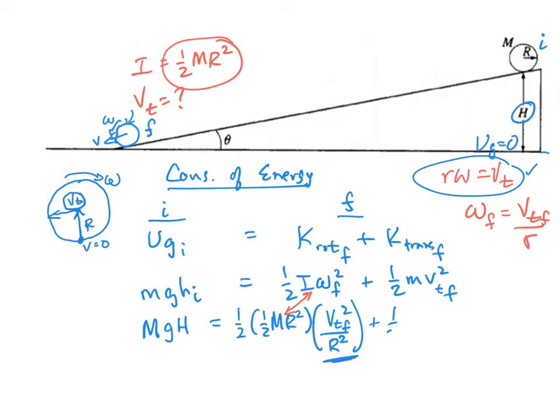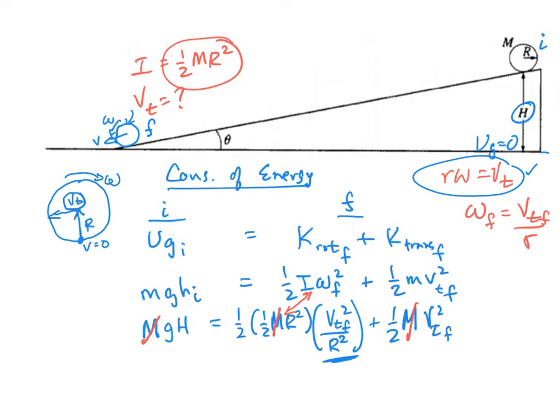All right, and then I'm going to finish this off. Capital M for the mass, and then VT final squared. That last term is the translational kinetic energy. So I've got a whole bunch of terms that I can simplify. Surprisingly, mass shows up in every term, so I can cancel the mass out.